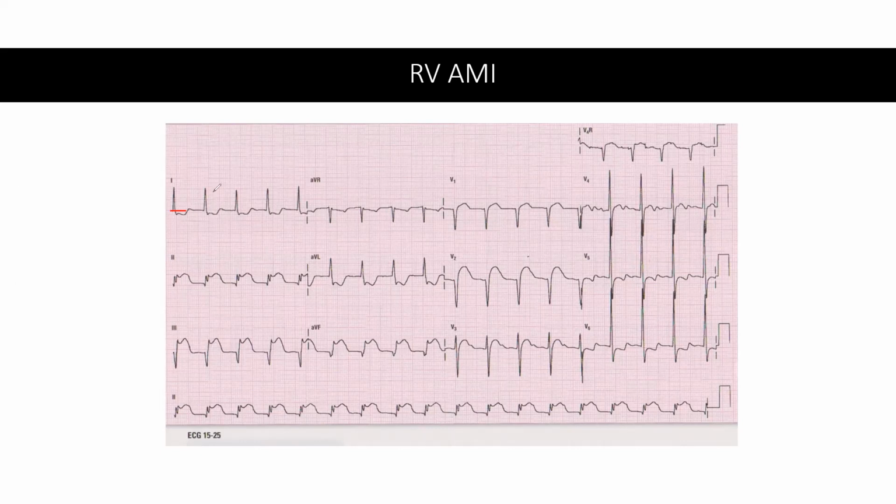All right, in lead 1, what do we have? What is the situation in lead 1? Depressed. Okay, lead 2. How about lead 2? Elevated. How about lead 3? Elevated. And how about AVL?